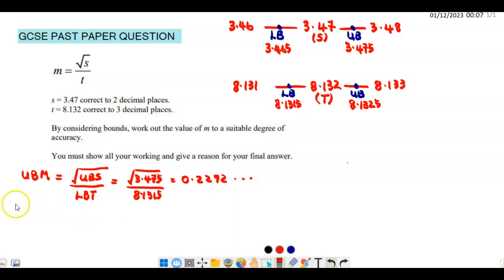Now let's do the lower bound for m and see what we get. So we have lower bound m. That would be the root of lower bound s over upper bound t.